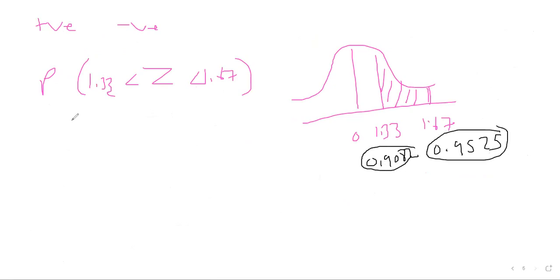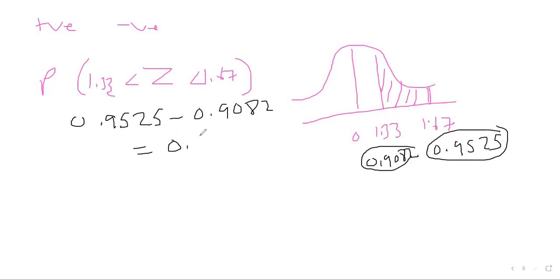All right, so this would be 95% minus 90%. So the difference between the two is our interval. So we're going to subtract 9525 minus 9082.